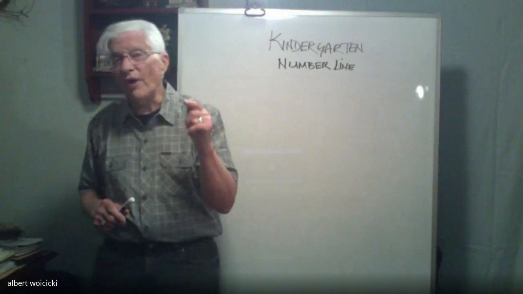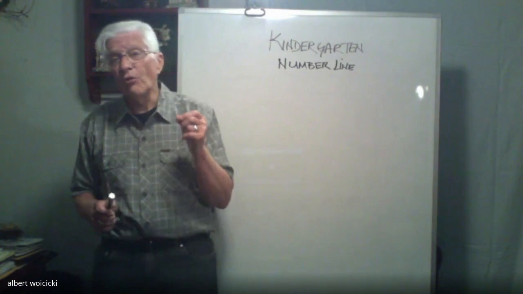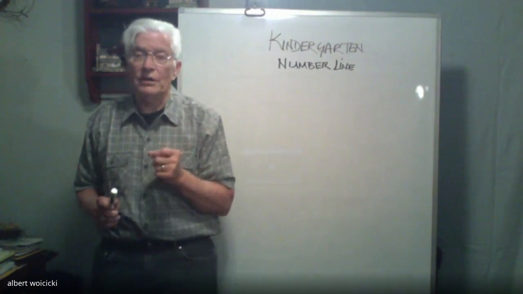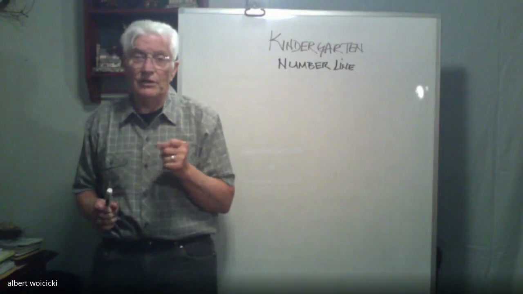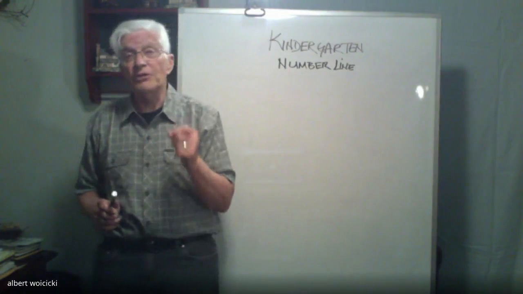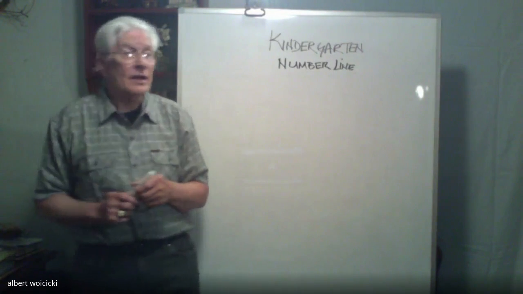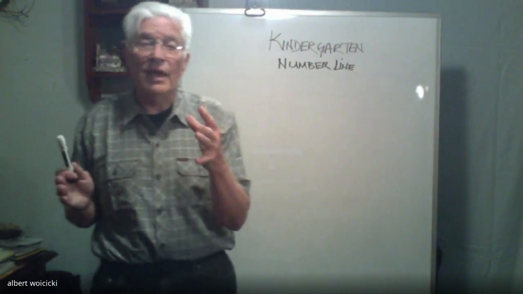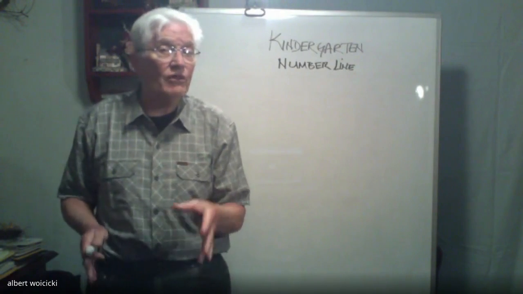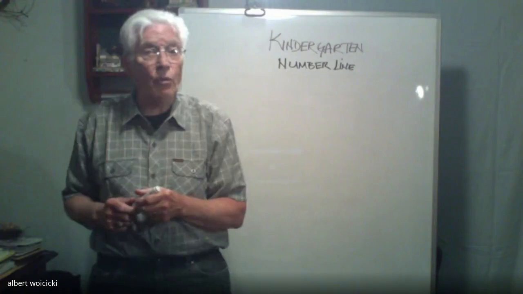And this is the one recommendation I have to make really strongly for all of you in kindergarten, and I'm going to do this for first grade when we get there too, is that you have a number line. More than just on the floor, you also have it on the wall.